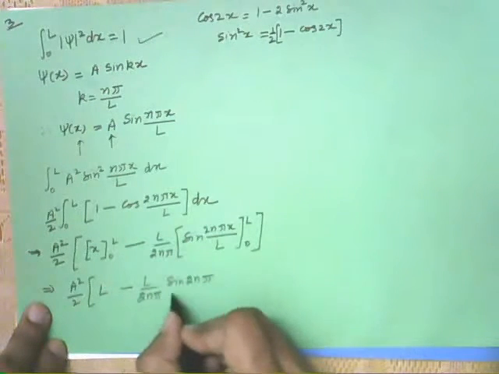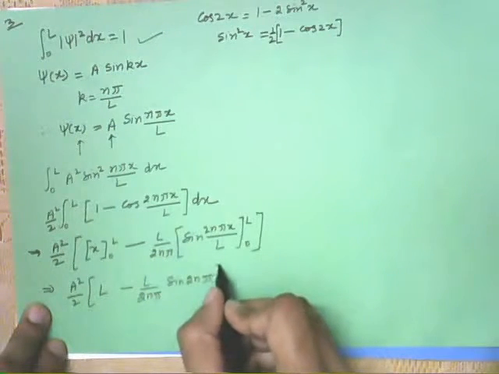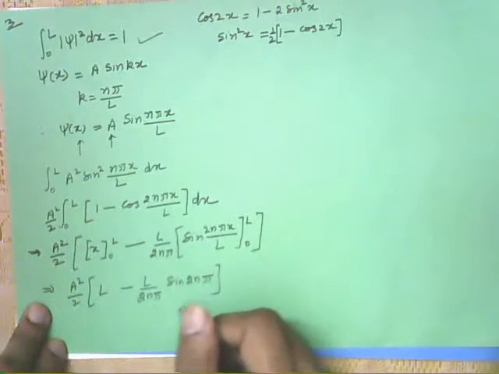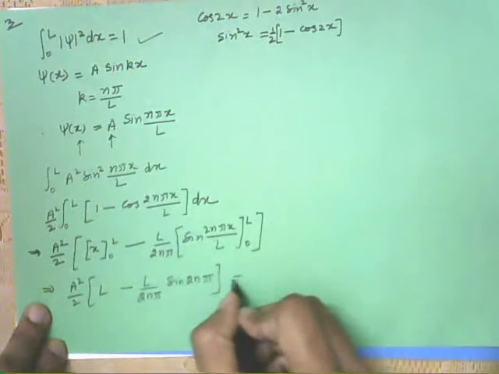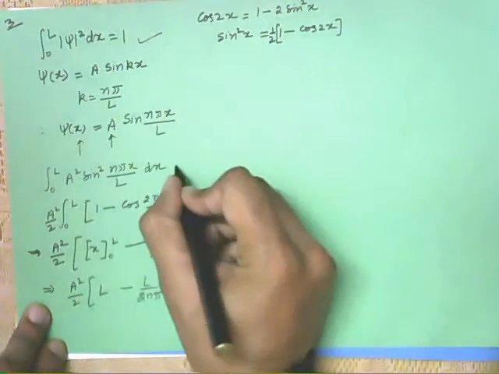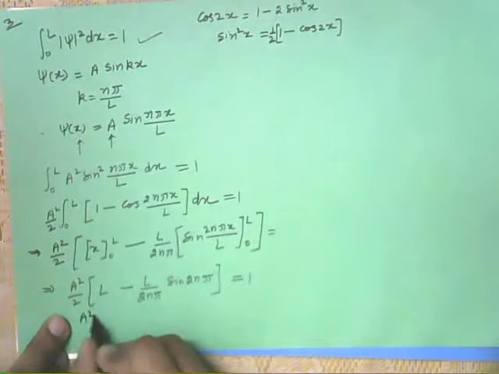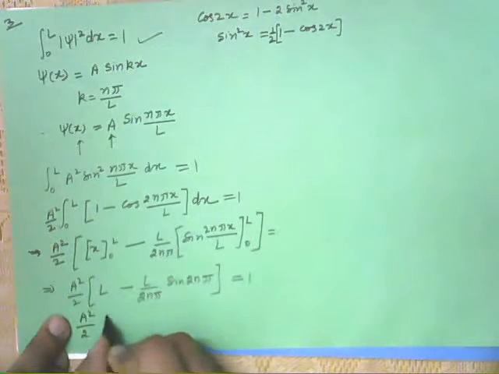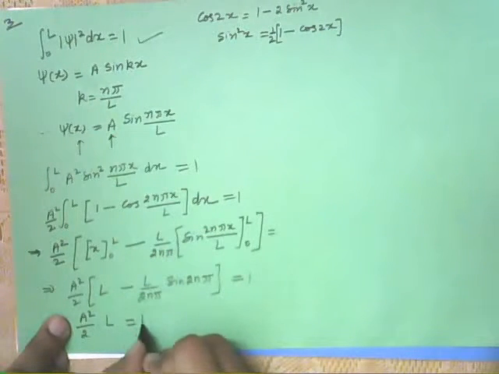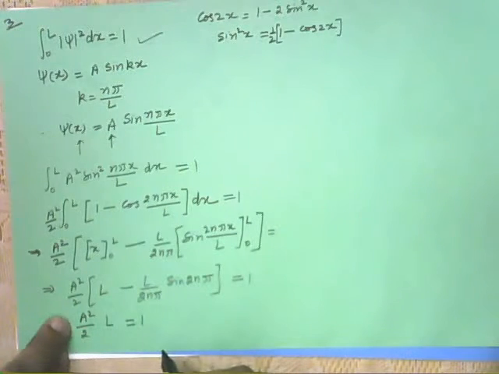So this is L upon 2 n pi sin 2 n pi, and this is always equal to 0. So a squared upon 2 into L is equal to 1, because sin 2 n pi is equal to 0.